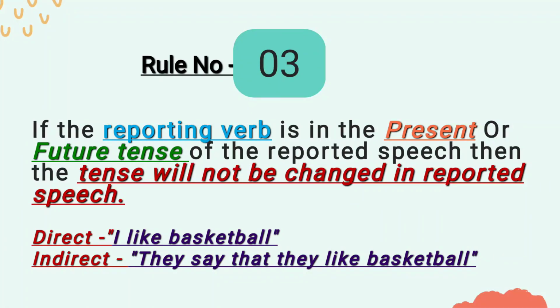Now, rule number 3. If the reporting verb is in present or future tense, then the tense will not be changed in the reported speech. For example, direct speech: "I like basketball," they say.